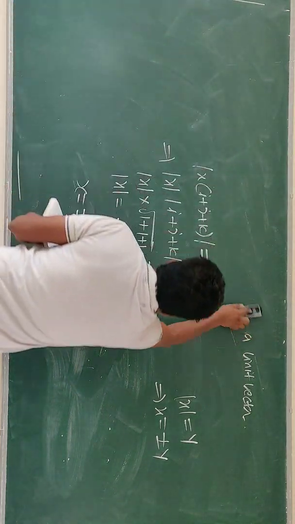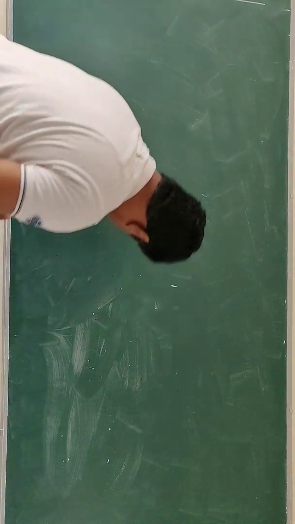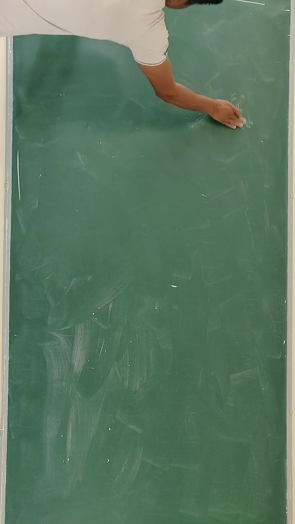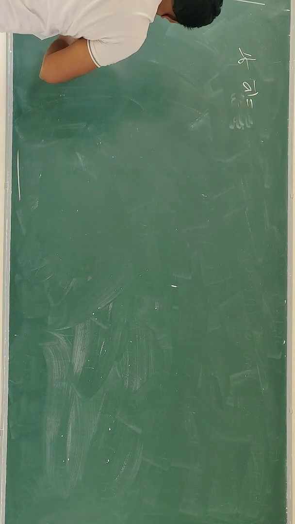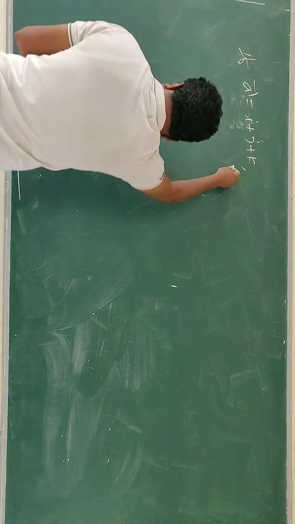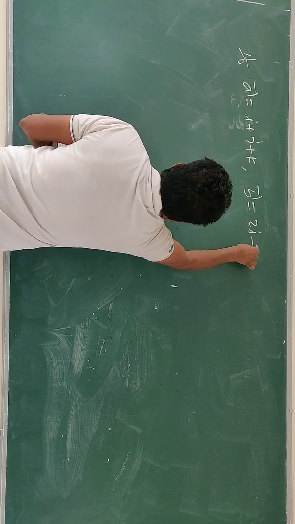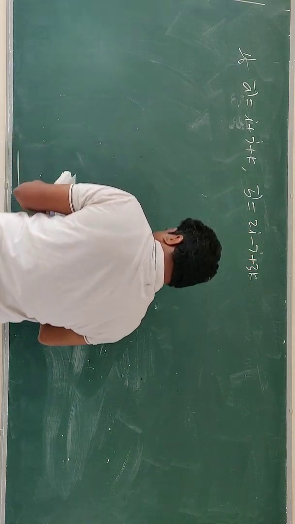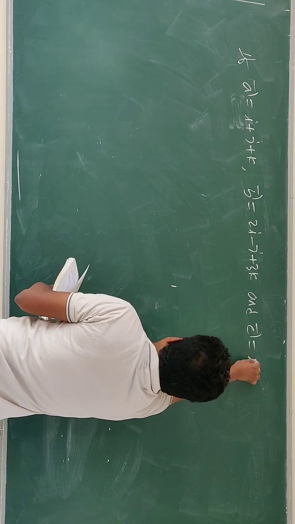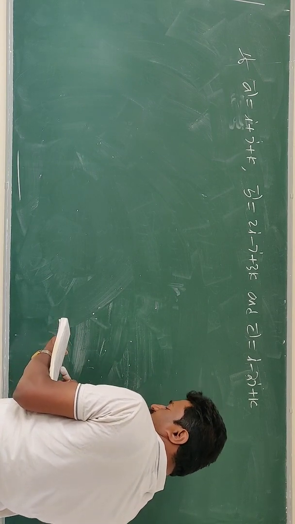Next question. If vector A equals i plus j plus k, vector B equals 2i minus j plus 3k, and vector C equals i minus 2j plus k.